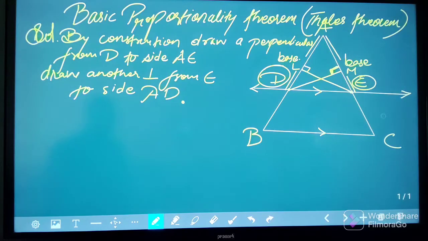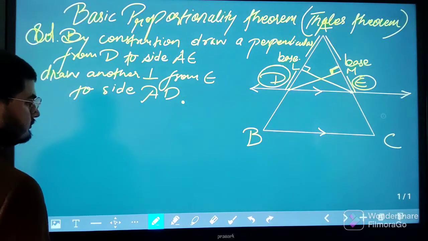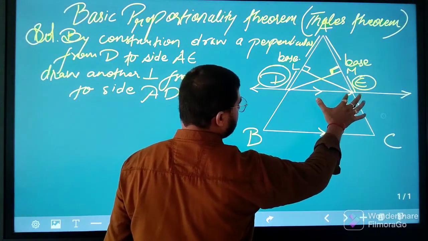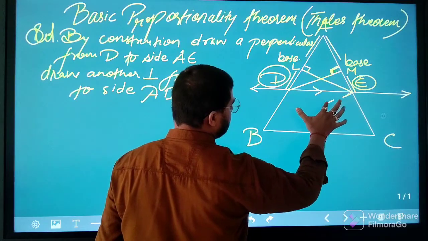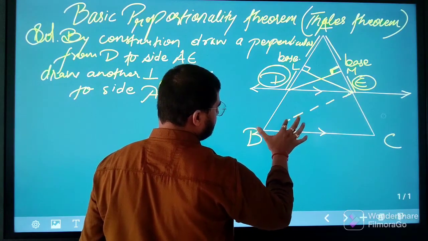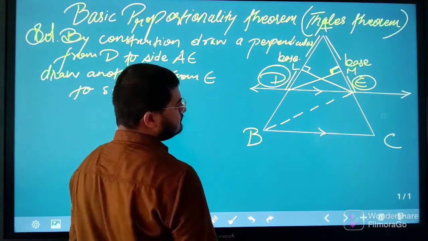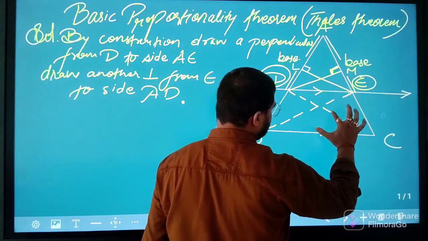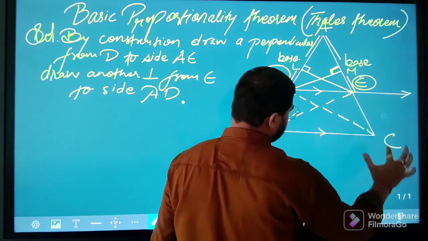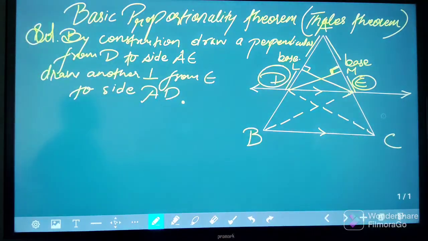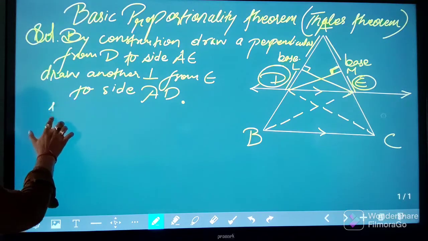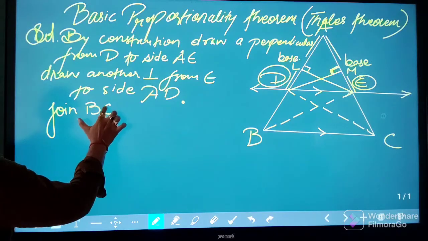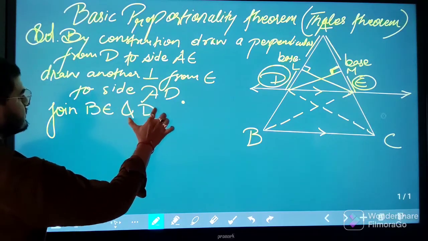Further, what you need to do is you need to connect point E with point B, and point D with point C. Join BE and DC.